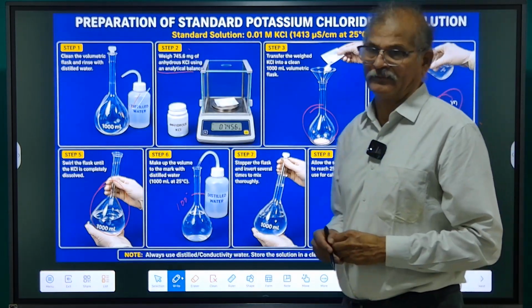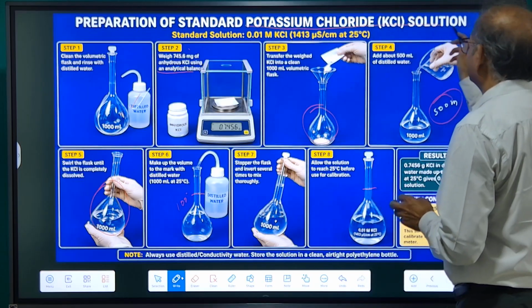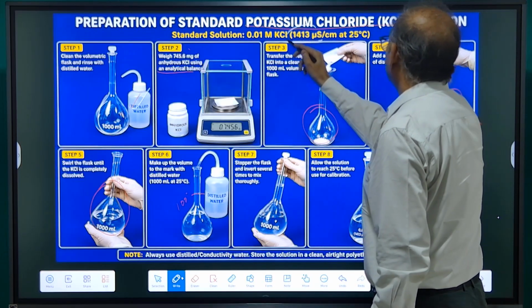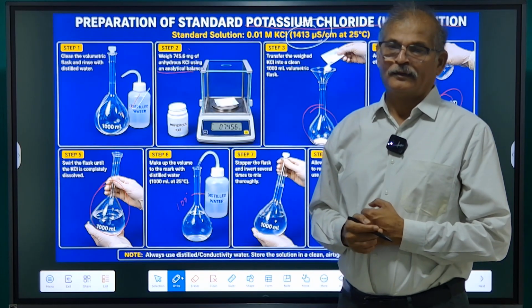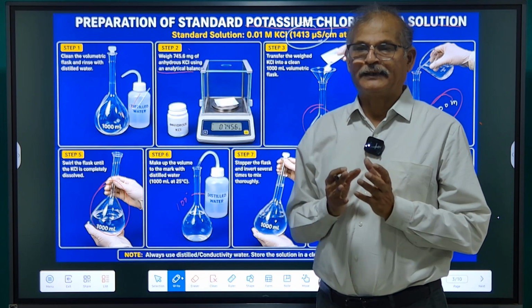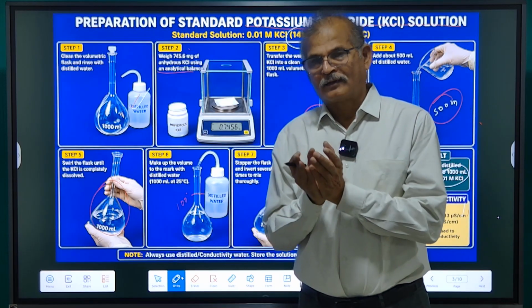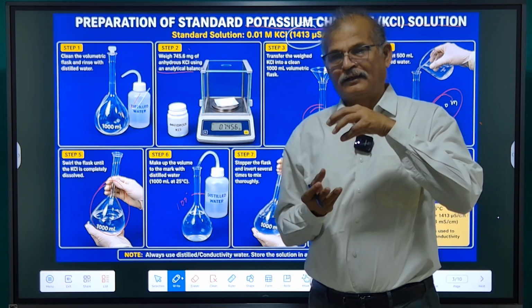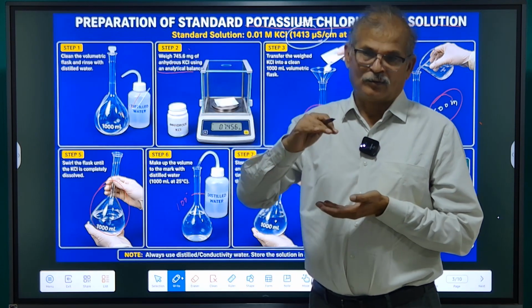So we prepare the standard potassium chloride solution at 25 degrees centigrade. It will give 0.01 molarity of KCl. In this, we take 745.6 milligrams of anhydrous KCl, dissolve it in 500 ml of water, shake it well, then make it up to 1 liter.